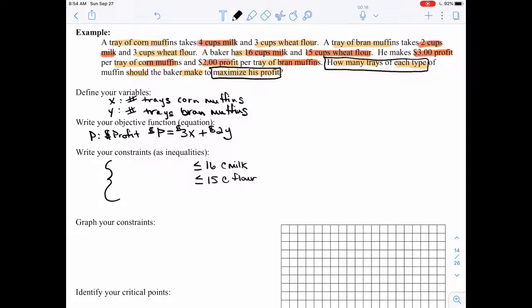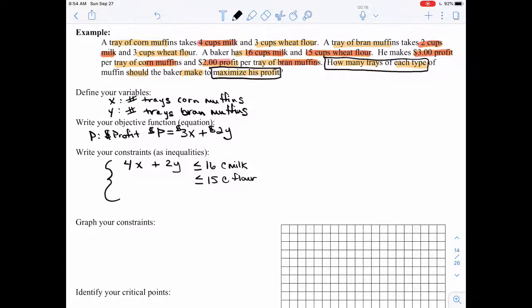So we will write 4 cups required for our corn muffins, which are x, plus 2 cups required of milk for our bran muffins, so 2y, milk.